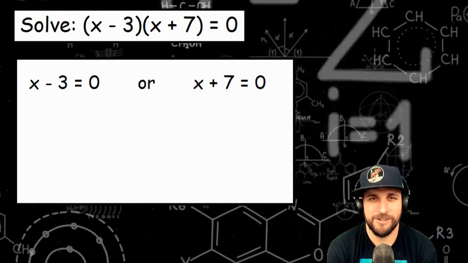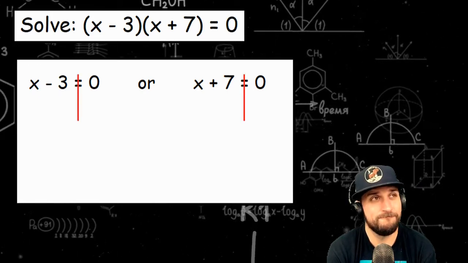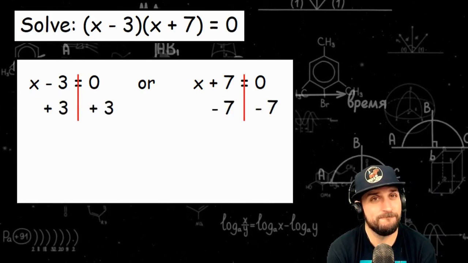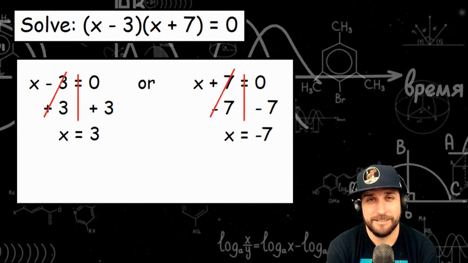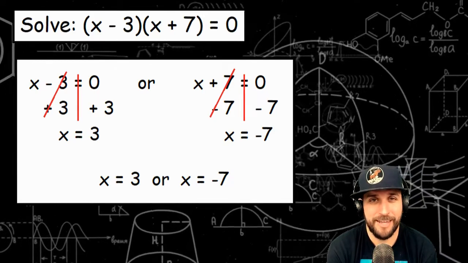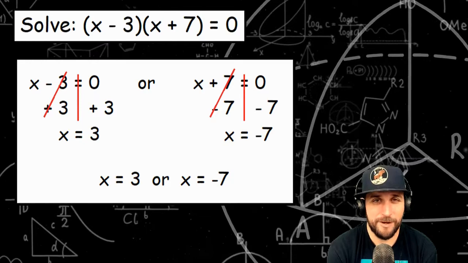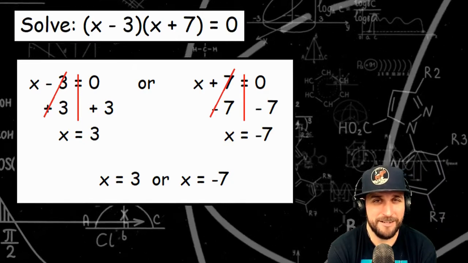So both those turn into one-step equations. I could solve them really fast. So x would equal 3 or x would equal negative 7. Those would be 2 possible solutions to this problem. And you should always check to be sure.